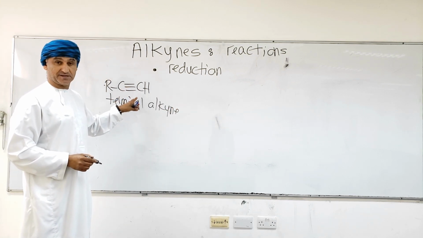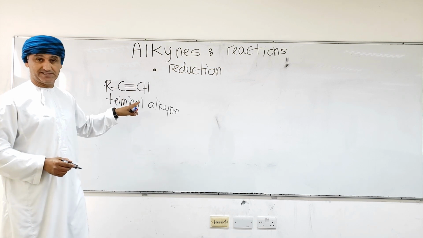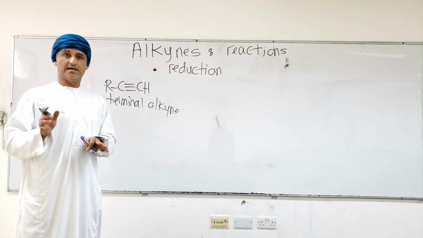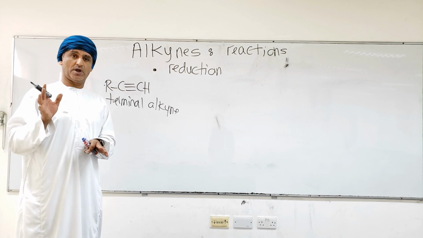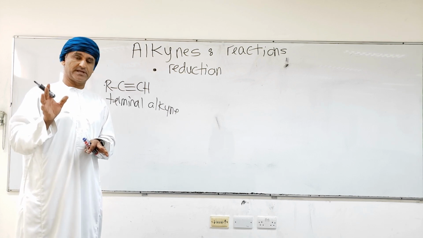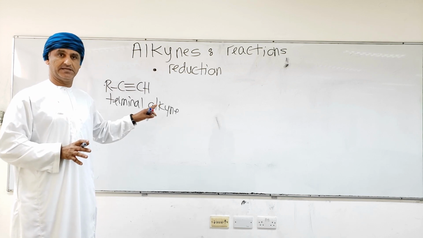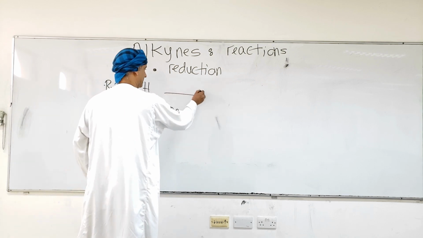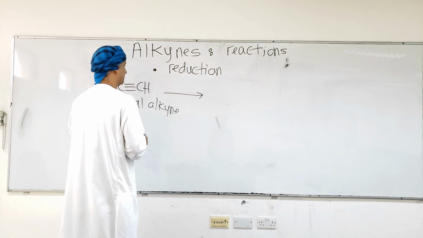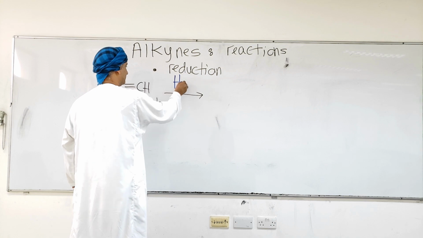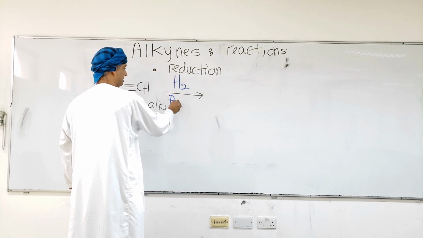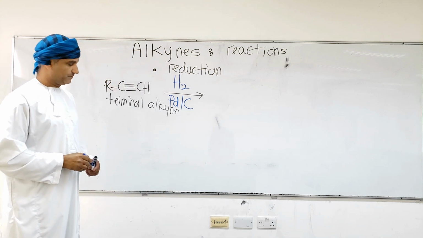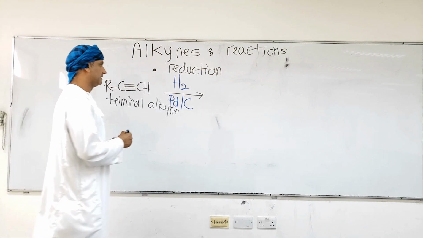Now, if you take a terminal alkyne and you subject it to the same hydrogenation reaction conditions that alkenes undergo, then the corresponding alkane will be obtained. Yeah? So a terminal alkyne, if treated with hydrogen gas in the presence of palladium on carbon as a metal catalyst, then the corresponding alkane is produced.